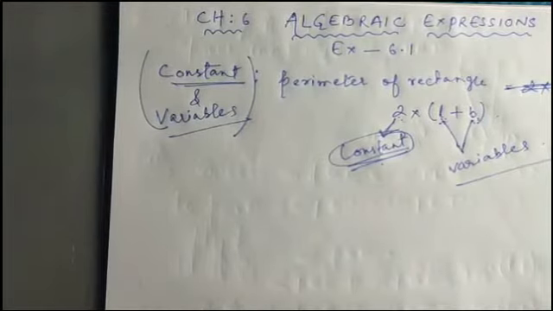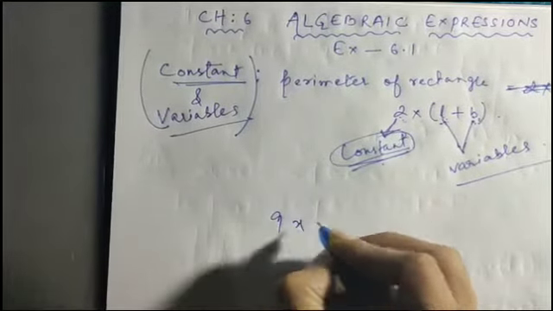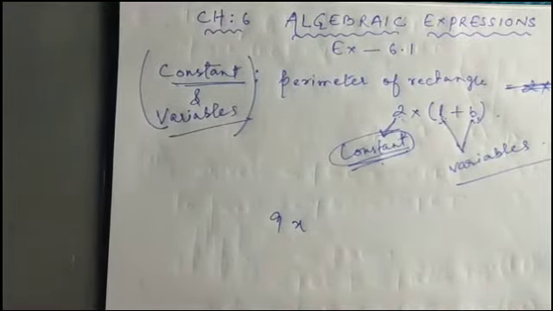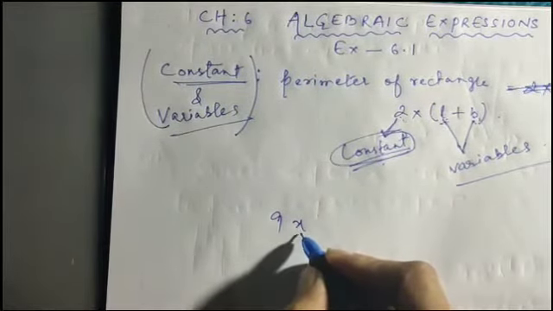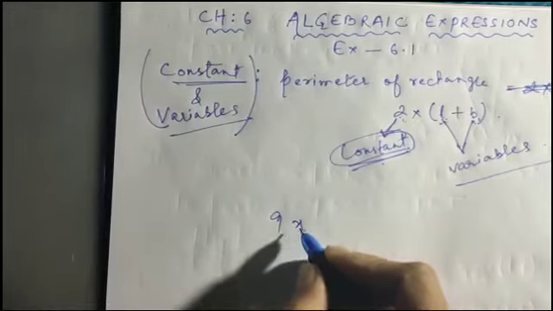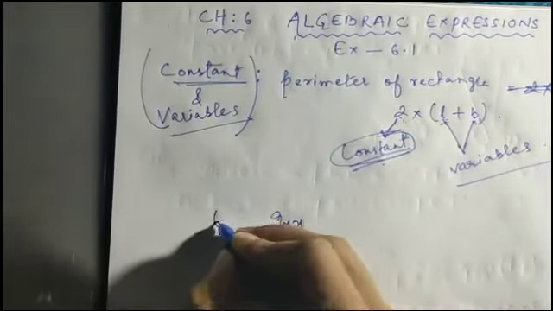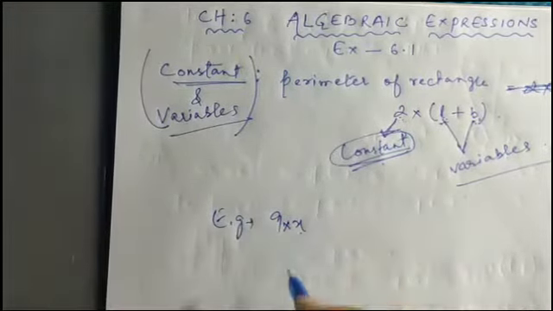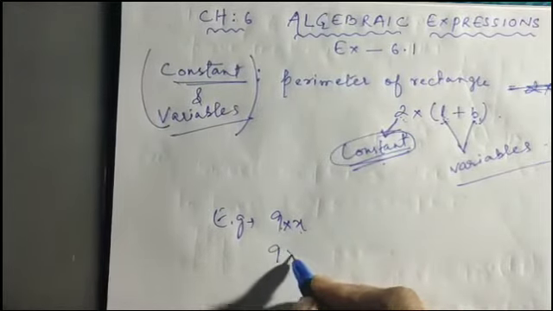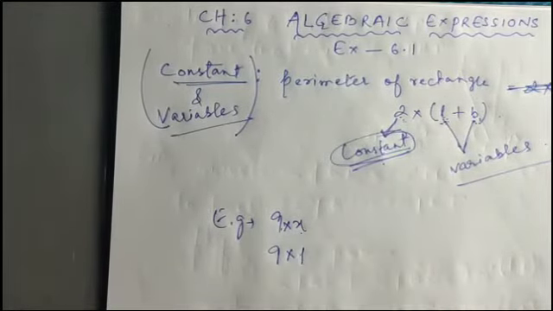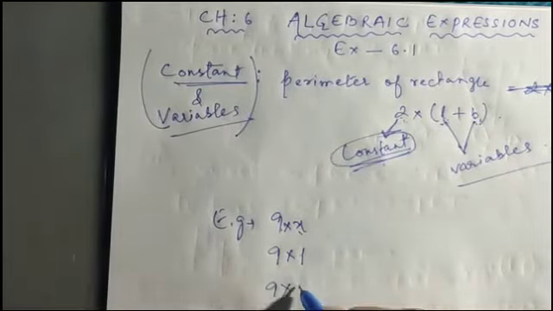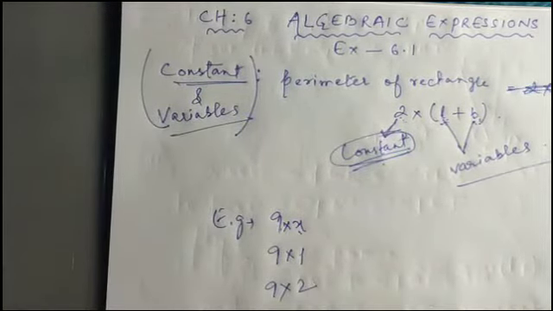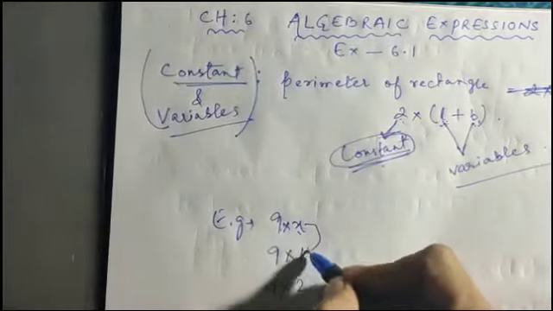Another example let me give you, just like 9x. Now see this x, 9 into x. For x I can take 1 also. 9 into, for x I can take 2 also, right? Yes or no? So for x, sometime it may be 1.